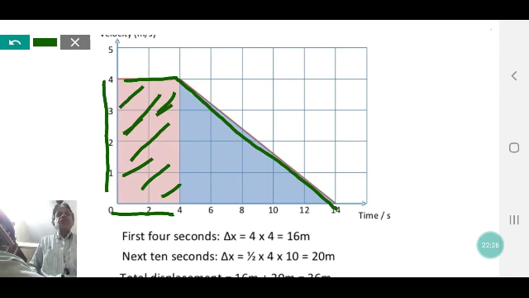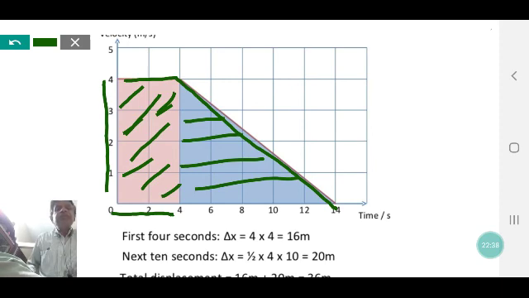Now, from 4 to 14 seconds, the displacement covered by the object is represented by the area of the triangle. We find the area of the triangle: the time is 10 seconds, that is 4 to 14 seconds.